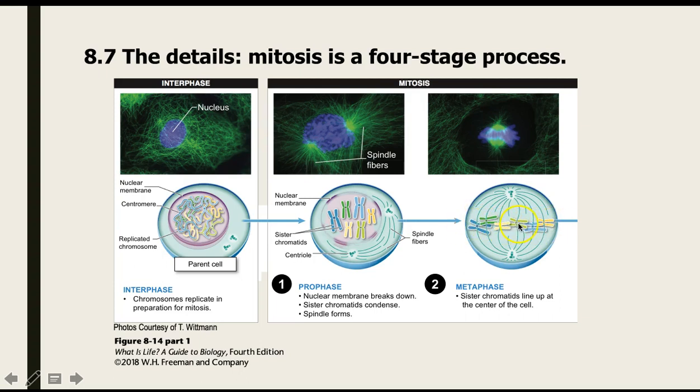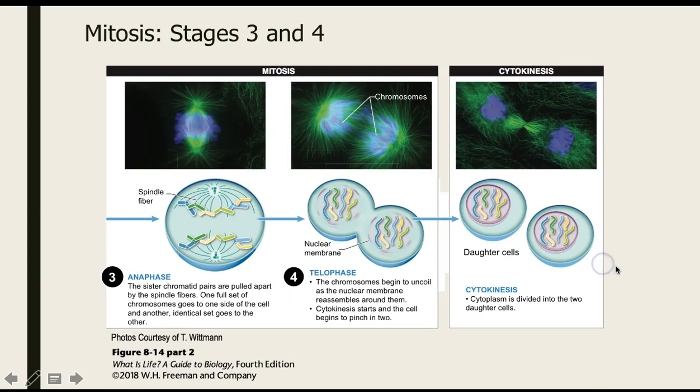And we call that very center part the equator, or we sometimes call it the metaphase plate. So that's what you see here. And notice that the spindle fibers are attached to the centromeres, and that's actually helping them line up in the center. It's arranging them kind of in that line on the center.